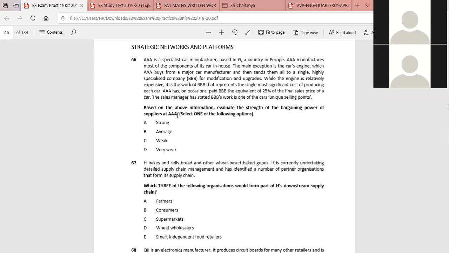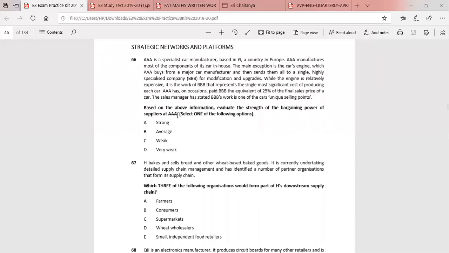While the engine is relatively expensive, it is the work of BBB that represents the single most significant cost of producing each car. AAA has on occasions paid BBB the equivalent of 25% of the final sales price of a car. The sales manager has stated BBB's work is one of the car's unique selling points.